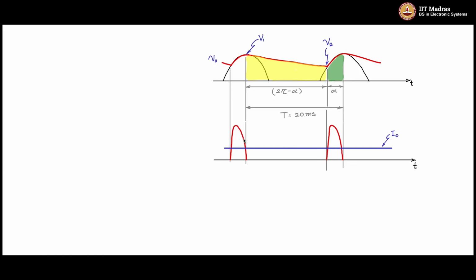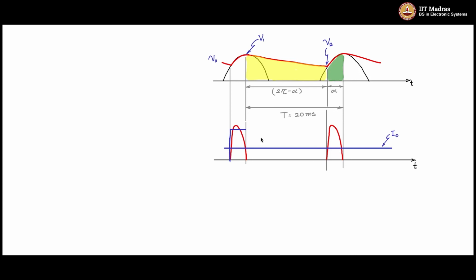Because this is a very odd shaped waveform, it is difficult to actually find the peak value of this current. So what we can do is alternatively find an equivalent flat top peak of the current.